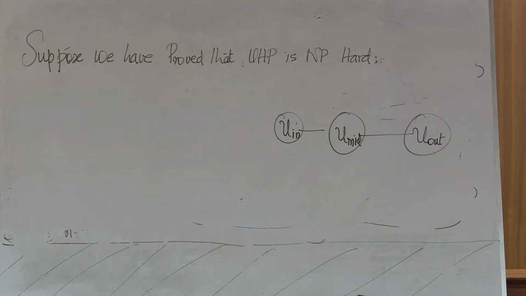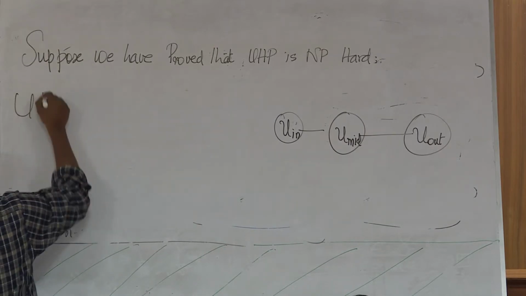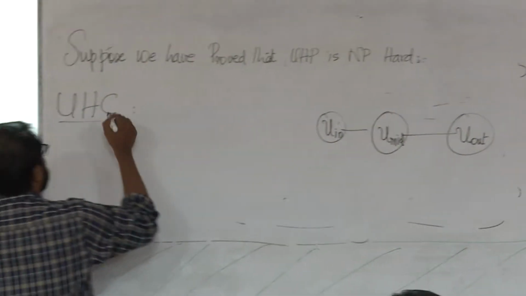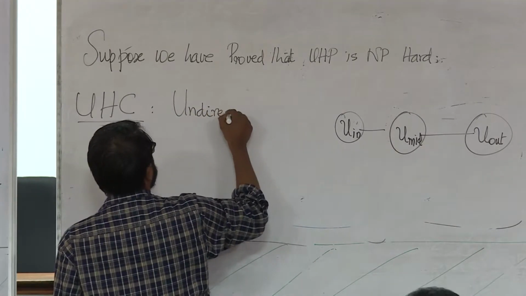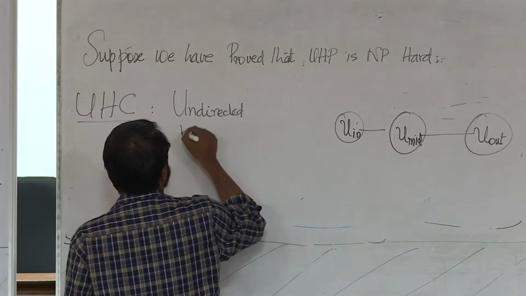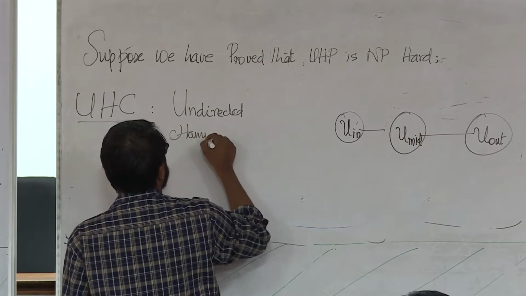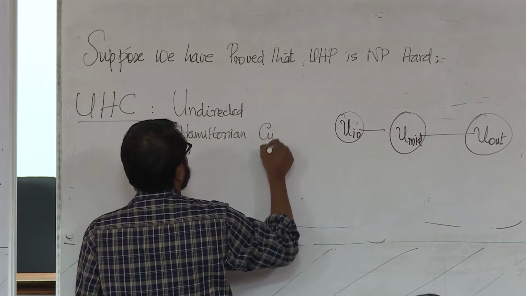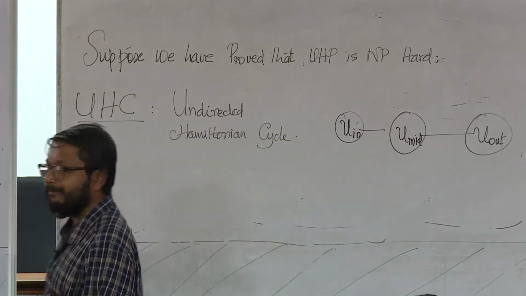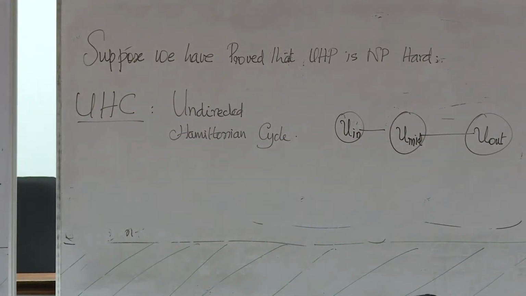What is this problem? You know what a Hamiltonian cycle in a graph is?